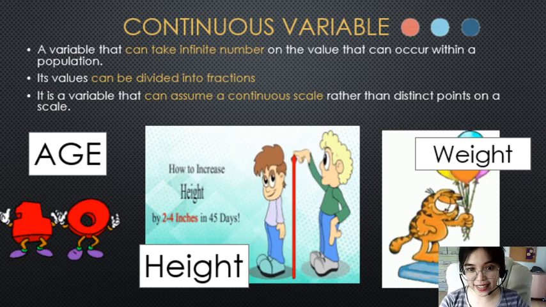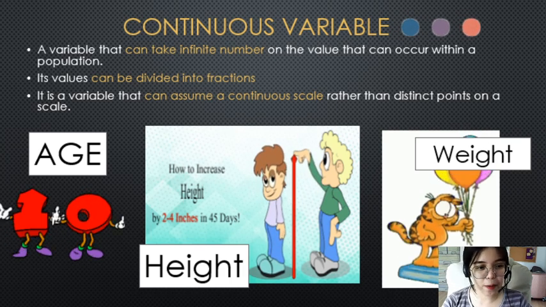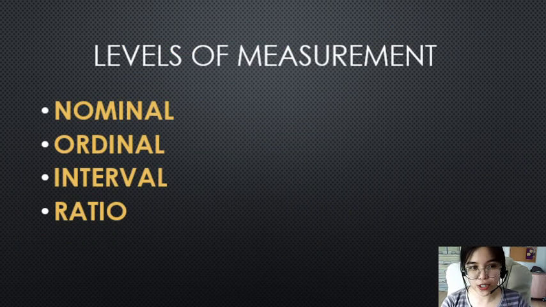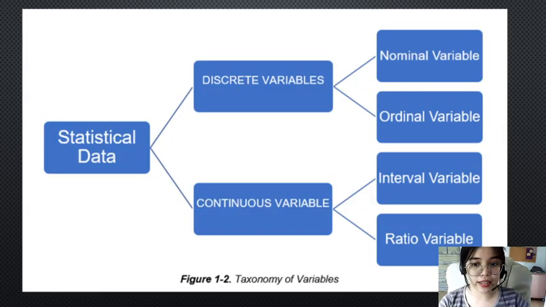Did you understand? Okay. Since naintindihan nyo na yung apat, meron pa tayong i-discuss which is what we call the levels of measurement. Do not be confused. Yung apat na yon, yun lang yung types ng variables. Pero may tinatawag tayo na levels of measurement. And itong apat na levels of measurement, it is under the discrete and the continuous variable.